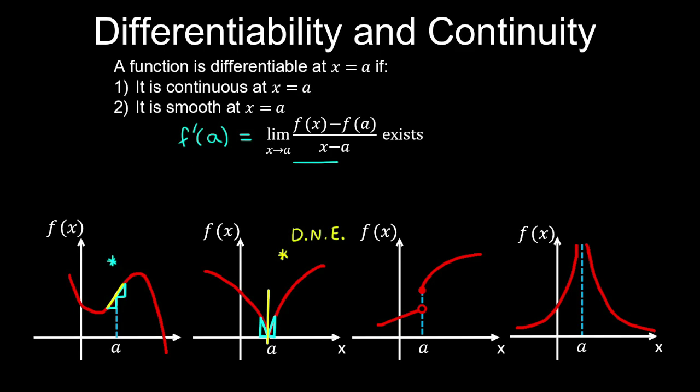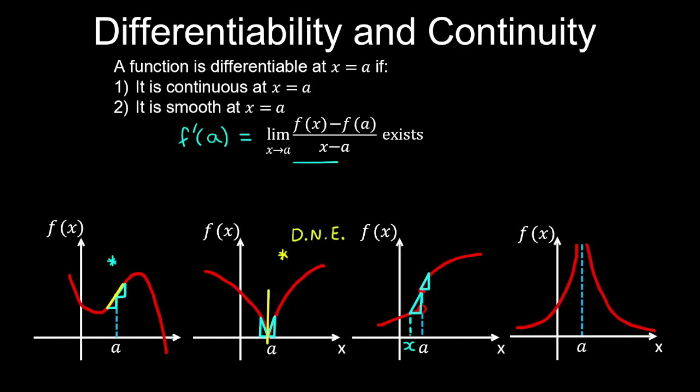So for these other two examples, from the right, we can see that this limit is going to approach a finite value. And from the left, if we draw a secant line from some value x to a, we can see that as x approaches a from the left, we're going to get a vertical line.